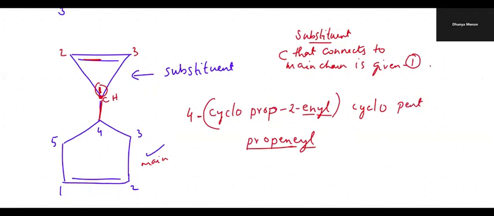Pent-1-ene. So this is called a complex substituent. Why complex substituent? Because you have to number it in order to specify the double bond or a triple bond if it is there. So such substituents are called complex substituents.